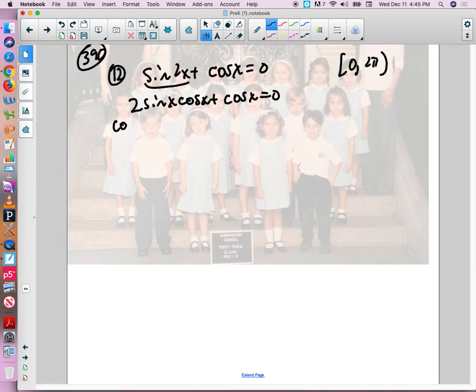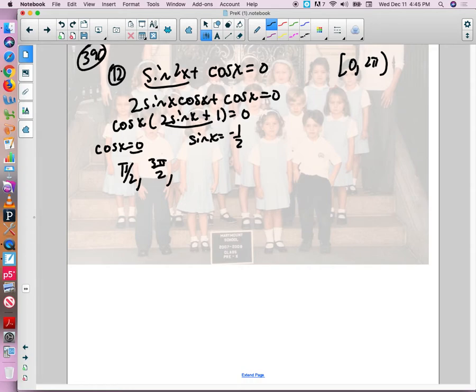I'm going to factor out cosine. You always want to factor instead of divide. Then I'm going to set cosine equal to 0, and that'll give me sine x equals negative 1/2. So my answers are cosine 0, pi over 2, and 3 pi over 2. Sine's negative 1/2 at 7 pi over 6 and 11 pi over 6.